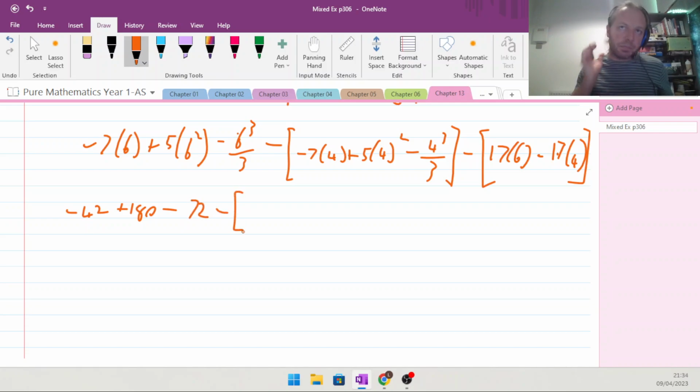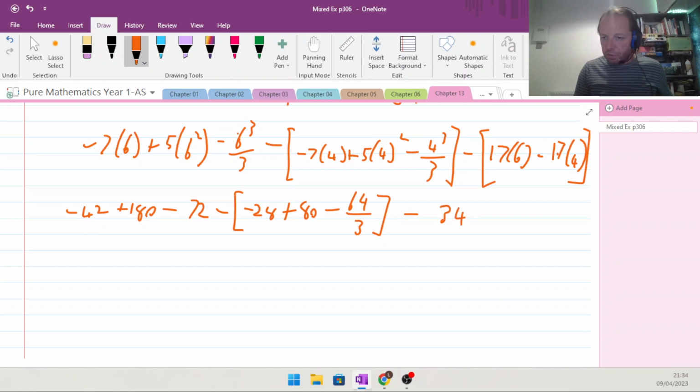Take away 4 sevens, 28, minus 28. 16 times 5, 80, plus 80, minus 4 cubed divided by 3 is 64 over 3. Minus 17 times 6, 102, take away 17 times 4, gives us an answer of 34.